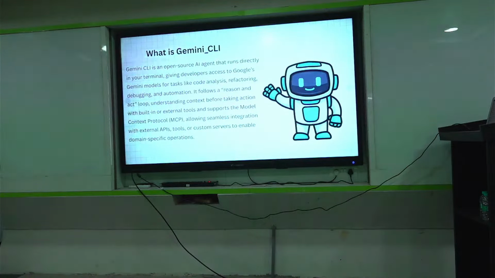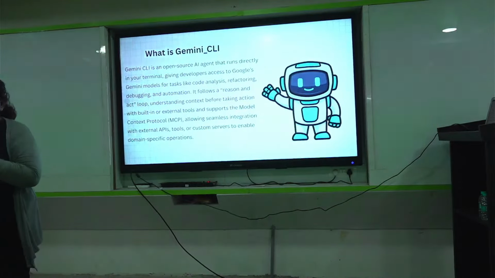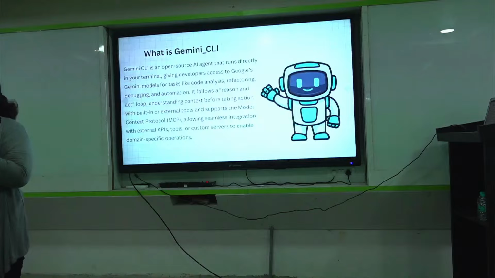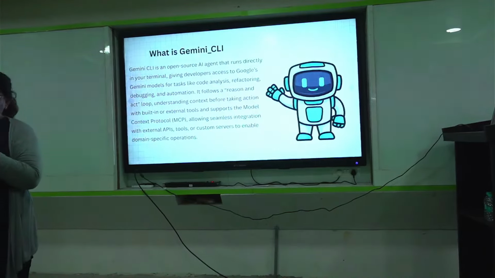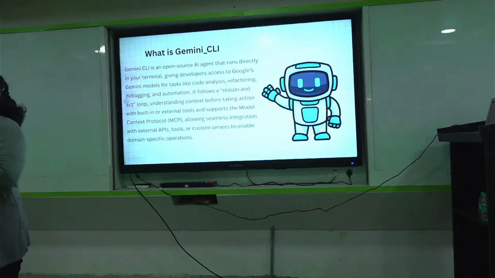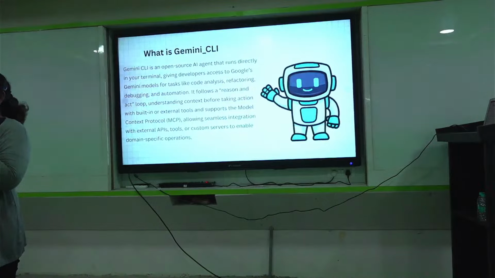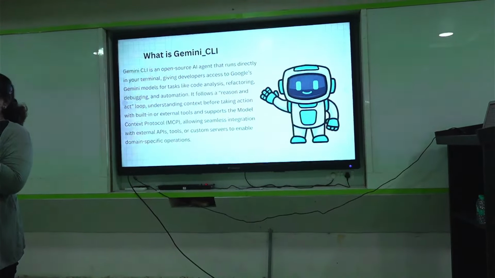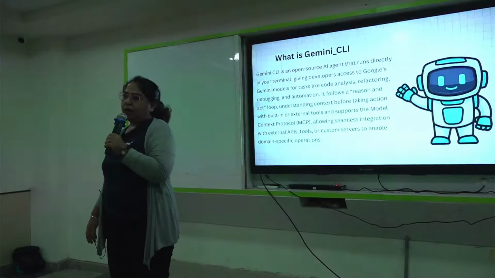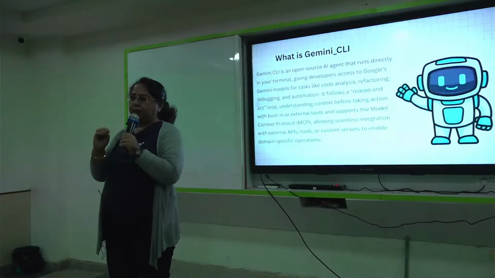But before I start my practical session, I have to share some credits. So you all have a Google account. Everyone using the Gmail? Please raise your hand. Okay. So I am going to share a simple PPT.